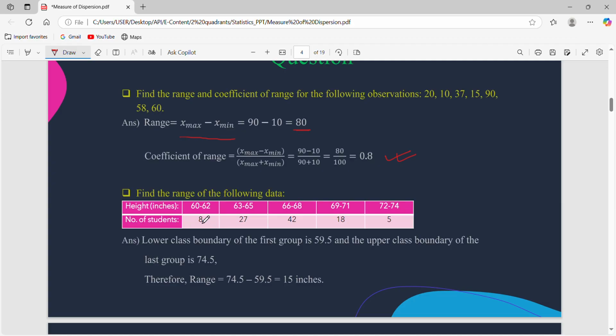Since there is a gap, 60 to 62, then one gap, 63 to 65, one gap, 66 to 68, first we have to remove the gap. How do you remove the gap? 0.5 less, 0.5 more. So the lower boundary will be 59.5 and the last upper boundary will be 74.5. Therefore range equals 74.5 minus 59.5, that is 15 inches.